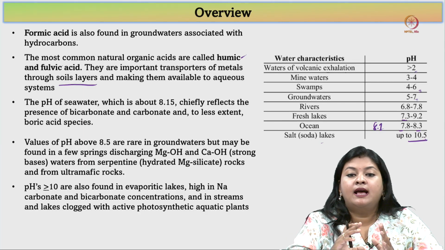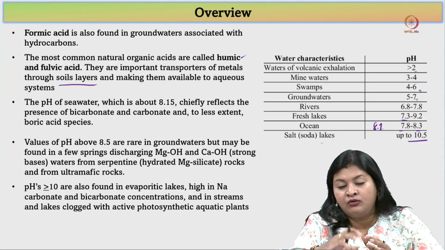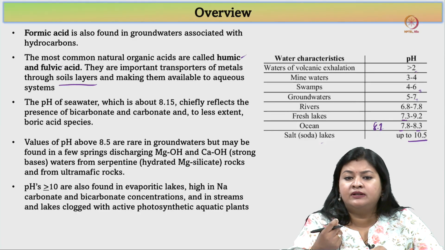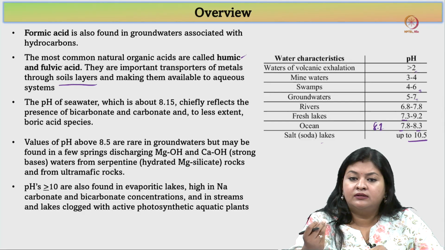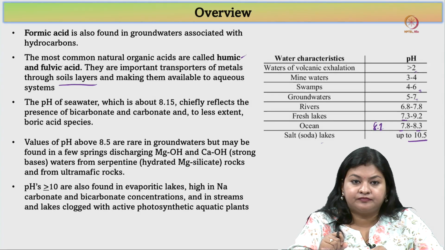Those are alkaline soda lakes, and you will see them precipitating out a lot of carbonate minerals and different types of other minerals. In those lakes we see extremely high alkaline conditions.